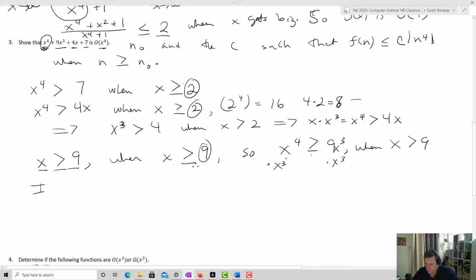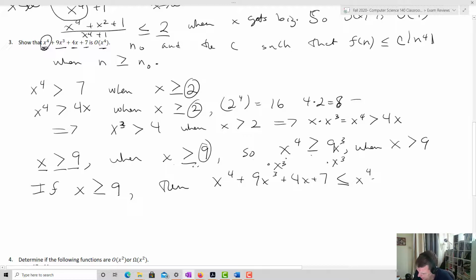So what I can do is write this: if x is greater than or equal to 9, then x to the fourth plus 9x cubed plus 4x plus 7 is going to be less than or equal to x to the fourth plus x to the fourth plus x to the fourth plus x to the fourth.